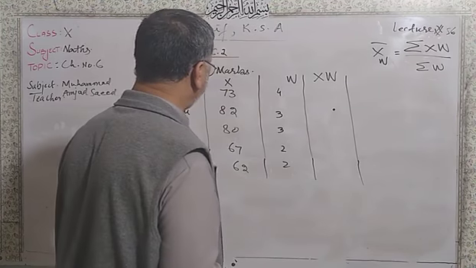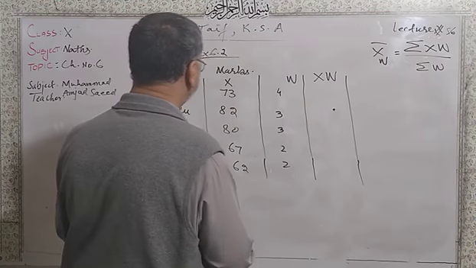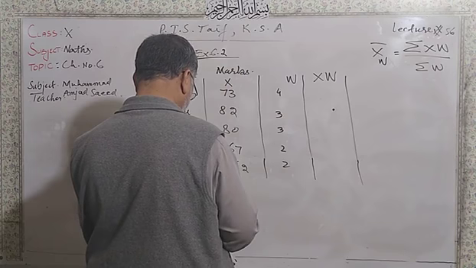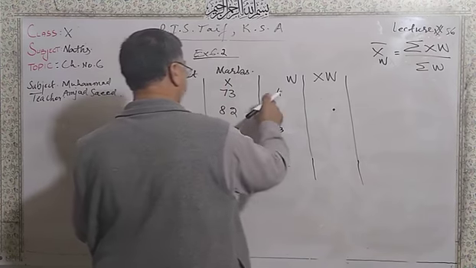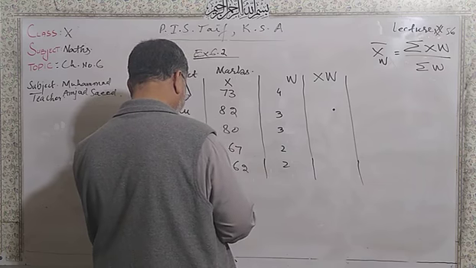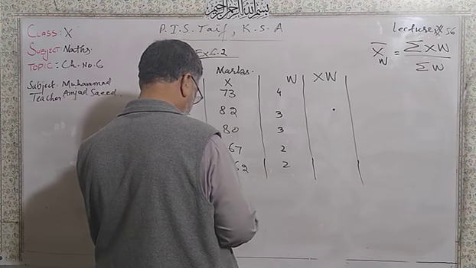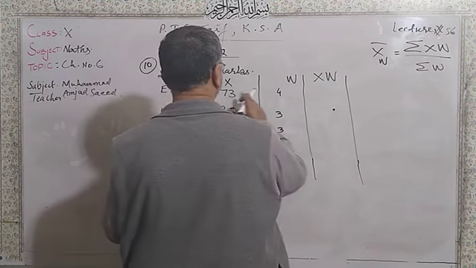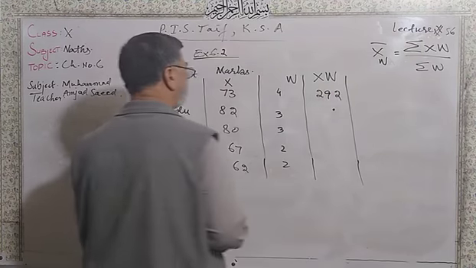Here you have to multiply them. 73 by 4 is 292.